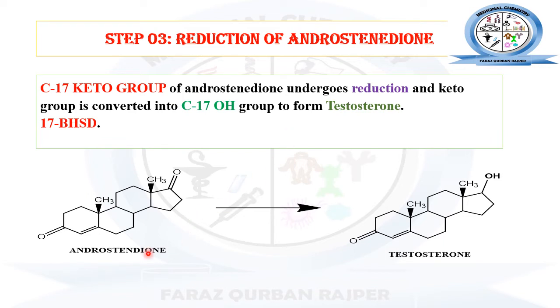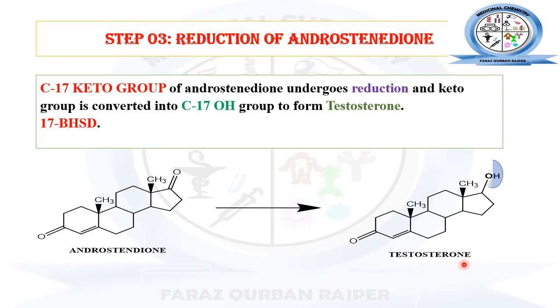You may observe that this is the structure of androstenedione, and now what is happening? It is being acted upon by 17-beta hydroxysteroid dehydrogenase, and after that it will undergo reduction at this position, and this ketonic group will be converted into the hydroxy group, and this is the chemical structure of testosterone.